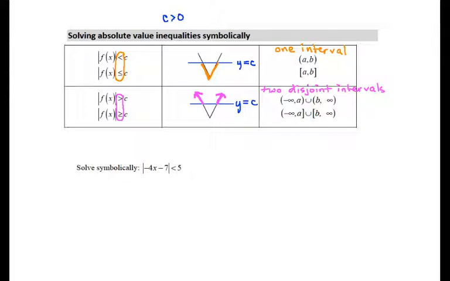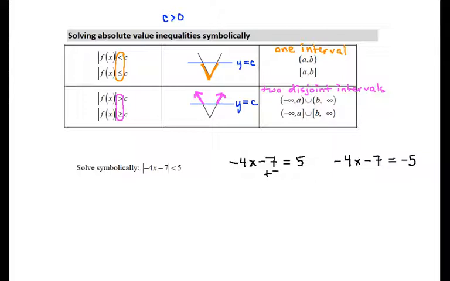It would be a good idea to pause the video at this point and attempt the next one yourself. I'll go ahead and start working on it now. Solving the equation first, we get negative 4x minus 7 equals 5, and negative 4x minus 7 equals negative 5.